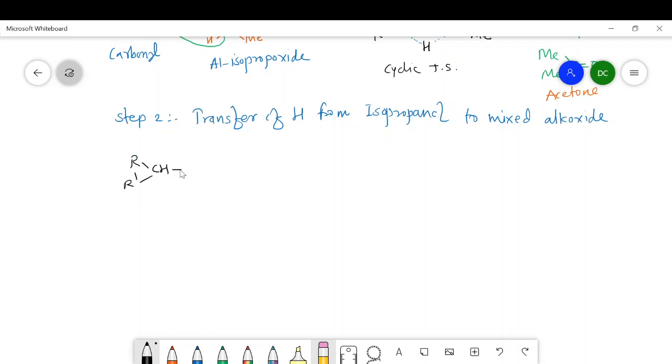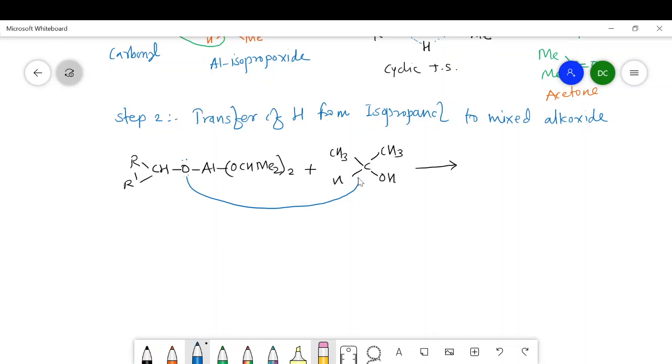It is attached with the oxygen, then it is attached with the aluminum, and this aluminum is attached with the two isopropoxide groups. It undergoes reaction with isopropanol, the structure of isopropanol is like this: CH3, then here there is an OH, and in this reaction this bond is going to break and it abstracts the hydrogen from this isopropanol, and this aluminum is going to attach with this carbon.